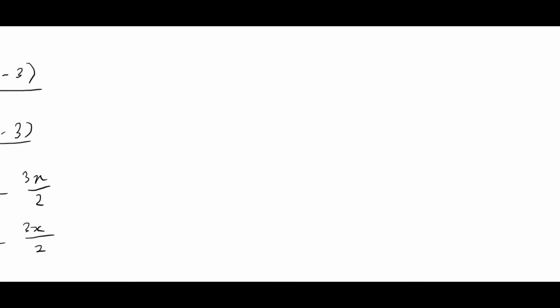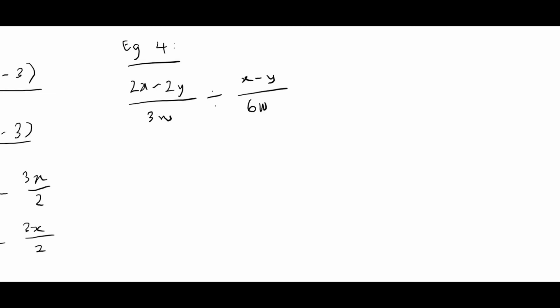Now we move on to example 4. So example 4, we have 2x minus 2y divided by 3w, and divided by x minus y over 6w squared. Okay, we want to change the division sign to multiplication first, okay?